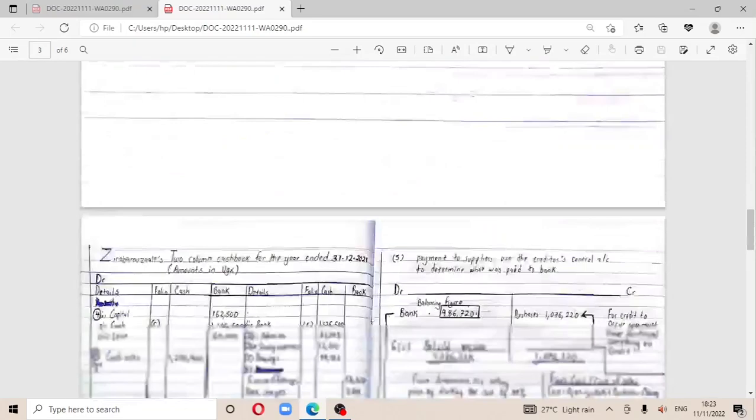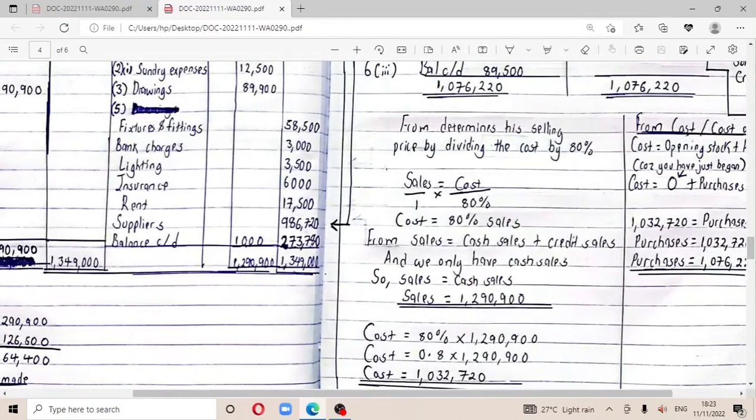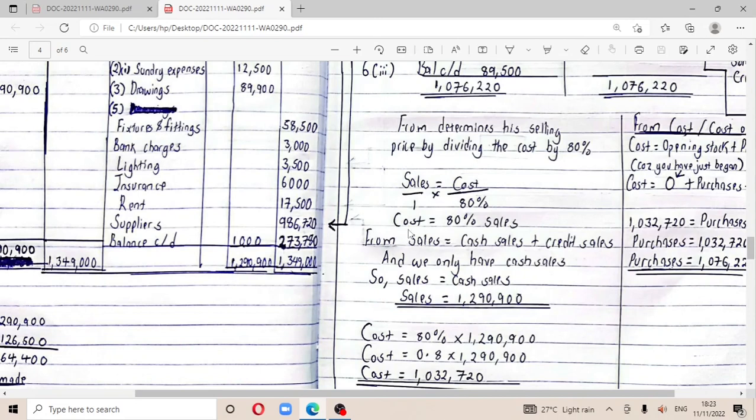So having done that, you just substitute in from this, you put the cost, and then you'll be like cost is equal to 80% of the 1,290,900, and then your cost will equate to 1,032,720. So this is your cost.